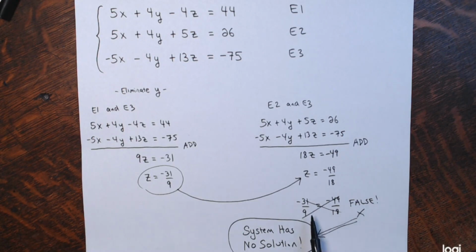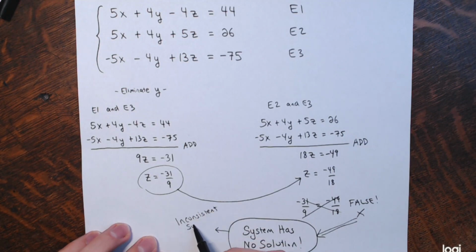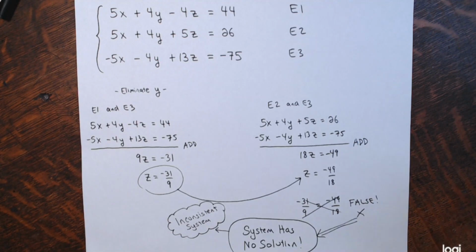If you ever end up with a statement with no variables that is false like this, 0 equals 1, or negative 31 ninths equals negative 49 18ths, that tells you the system has no solution. A system with no solution has a special name as well. That's called an inconsistent system. You may see that. When they say a system is inconsistent, that just means the system has no solution.